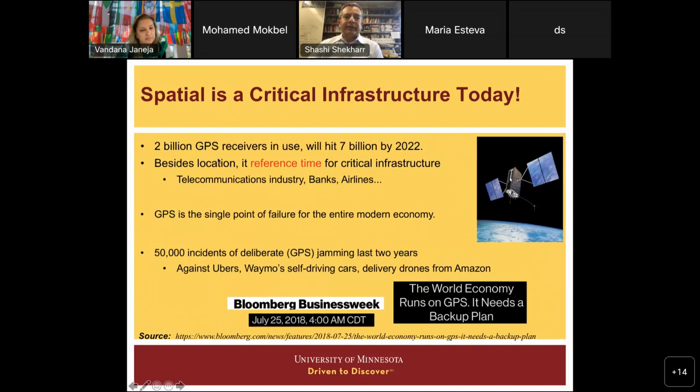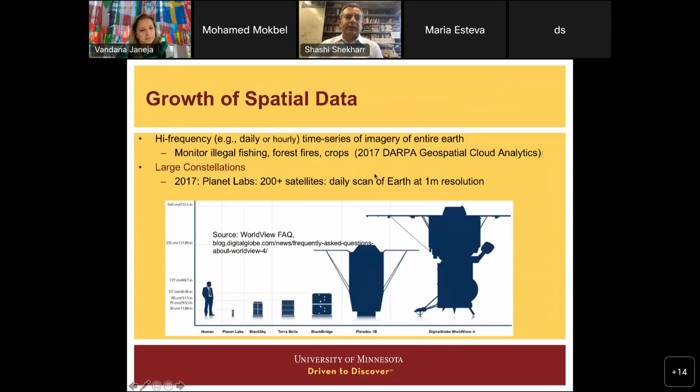Even GPS receivers, probably many of us know it's not only for location, but also most of the clocks, whether it's internet or telecommunication, are all synchronized through GPS. So it has become a very essential part of our lives. And people are so worried about its failure that they're developing ground-based systems, right? So this is becoming a very ubiquitous thing.